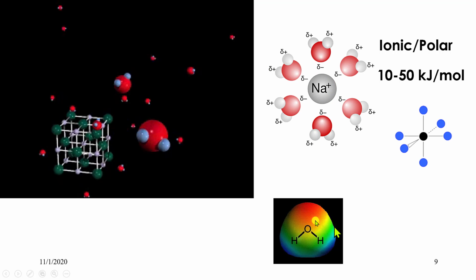And if you look at the electrostatic potential map of water, that's what this is down here, the red shows the negative end of the dipole, and the blue shows the positive end of the dipole in the molecule.